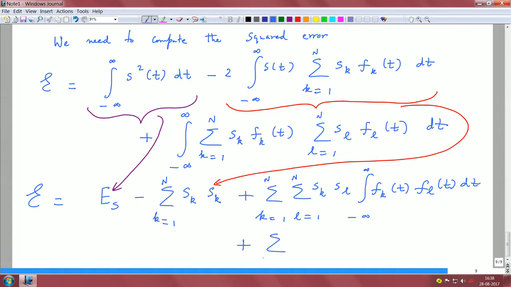So this is basically the sum k equals 1 to n of s_k square. I just had to take a 2 here that I missed.